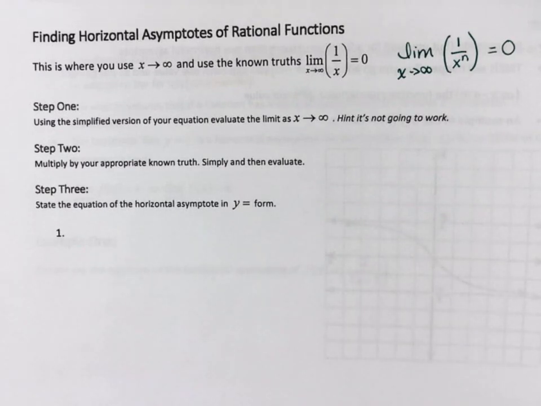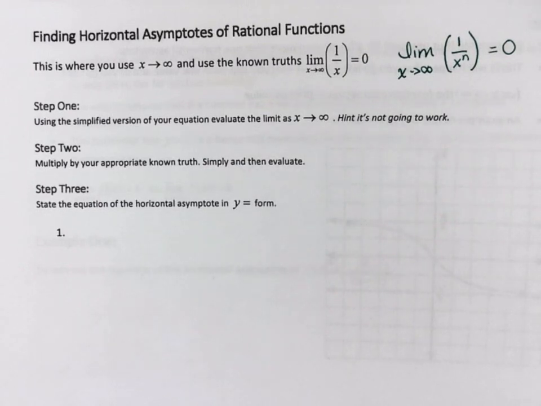Simplify the expression, multiply by the appropriate known truths, simplify and evaluate, and state the equation of the asymptote in y equals form. And that's it. Easy peasy. So that's where your limit theorems come in.